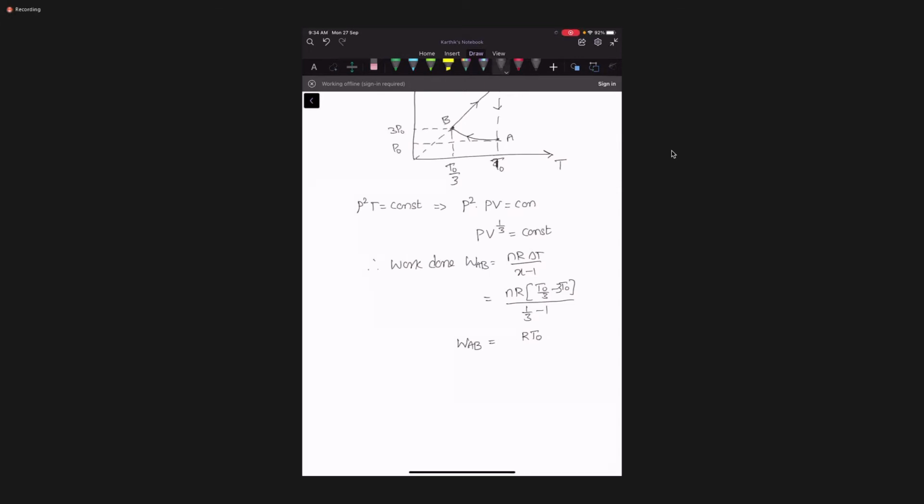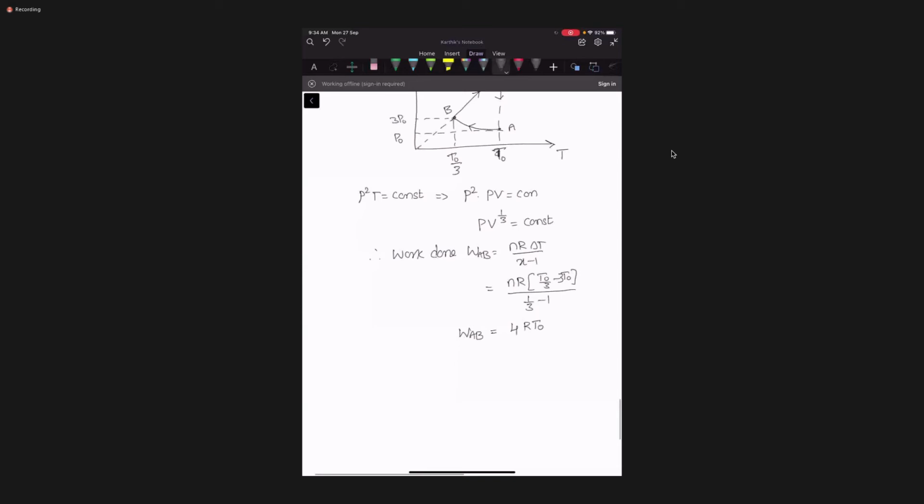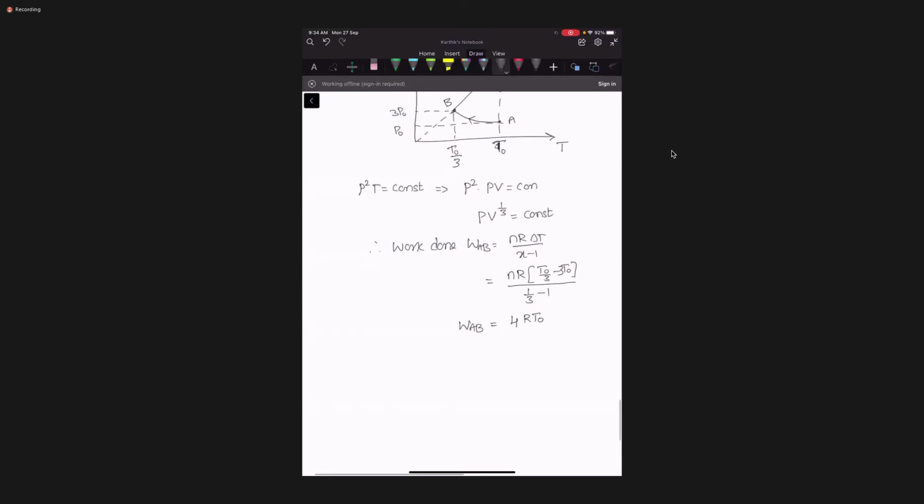Minus or plus? Plus, because in the denominator also we have minus 2, so in numerator minus 6 also. Okay. Clear?